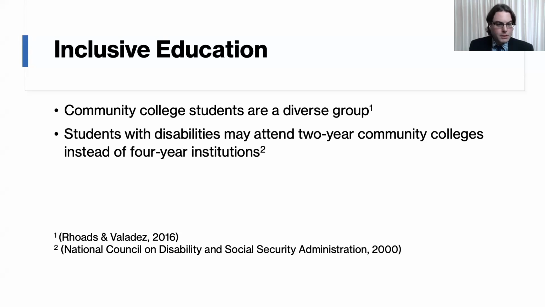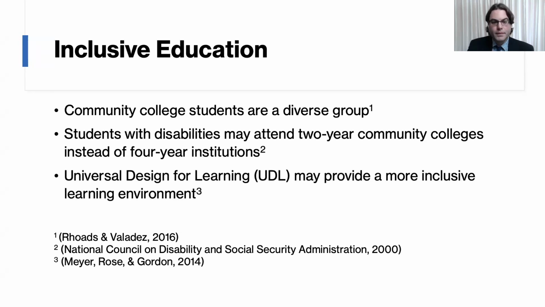However, there may be faculty at community colleges who may not be aware of how they could provide a more inclusive learning environment and experience for all students. Faculty at colleges and universities, including community colleges, tend to be content matter experts and are not necessarily experts in pedagogy. A means of providing a more inclusive learning environment for all community college students, including students with disabilities, may be the Universal Design for Learning framework.